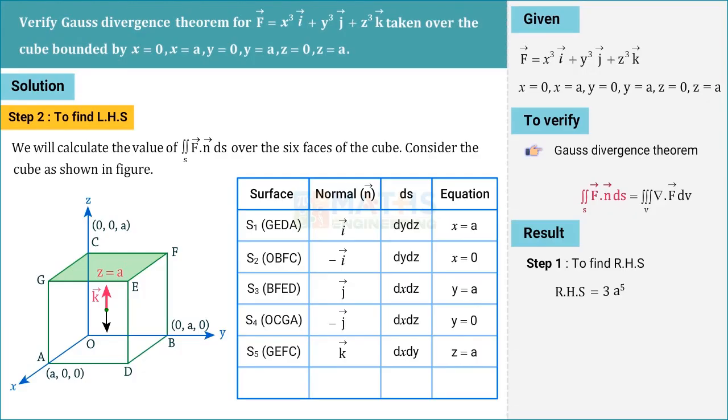So dz becomes 0. We have x and y coordinates alone. So our dS is dx dy. Last surface OADB. The normal vector is negative direction of z-axis. That is minus k vector. Here z is equal to 0. So we get dz equal to 0. We have x and y coordinates alone. So dS is equal to dx dy.